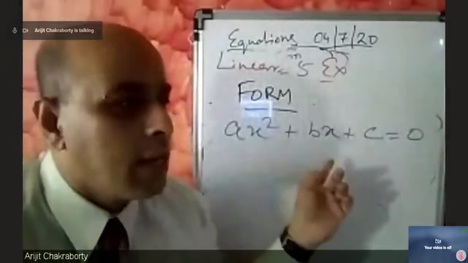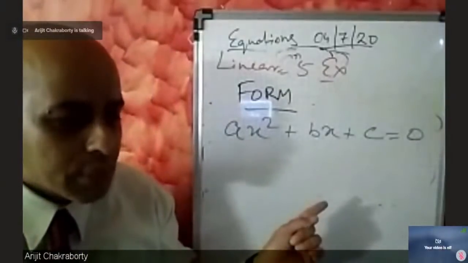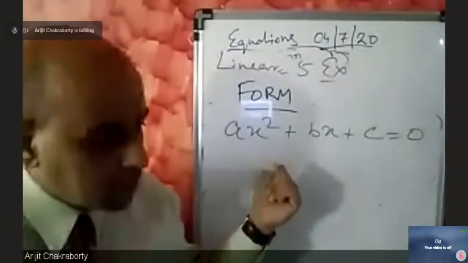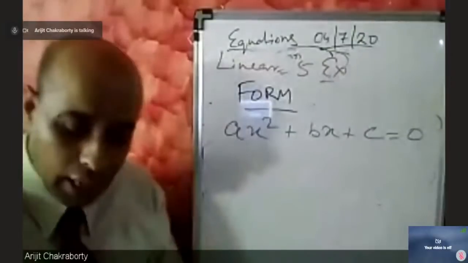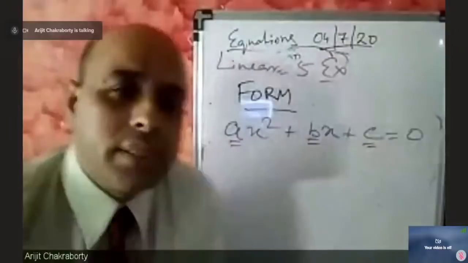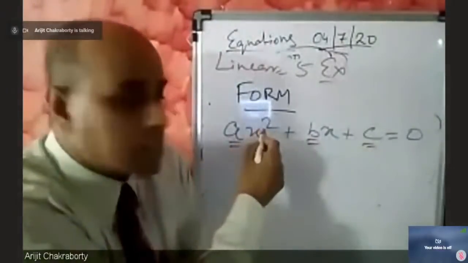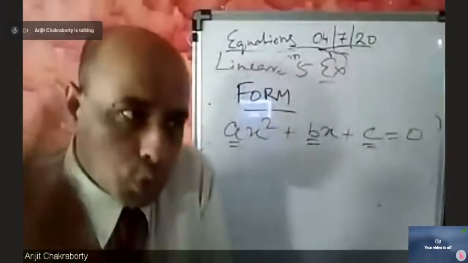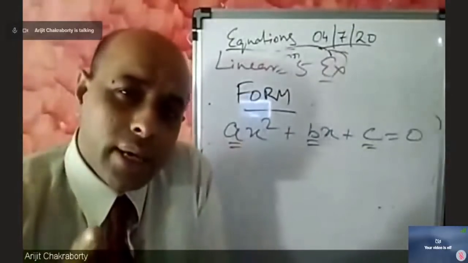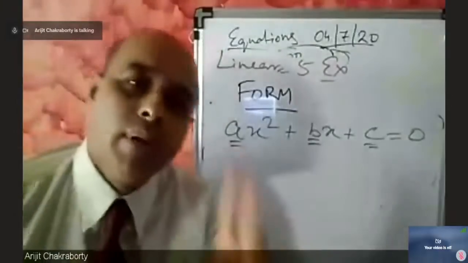Please remember that x is a variable here, and the constants are a, b and c. X is the variable, but please see that x has a power 2, x has index 2. So we have 3 constants, a, b and c, and one variable x.